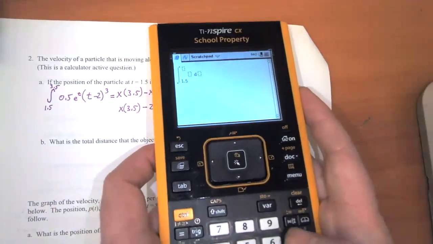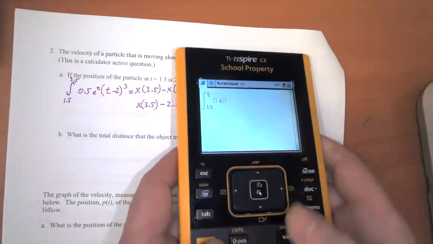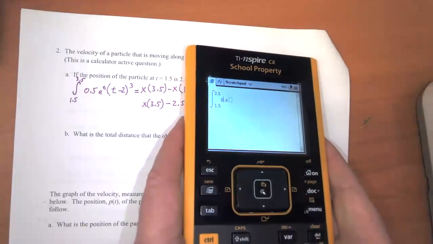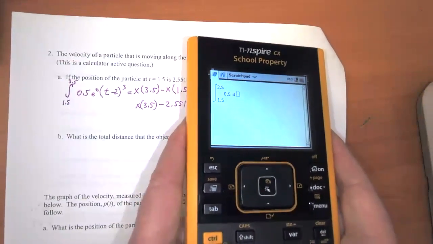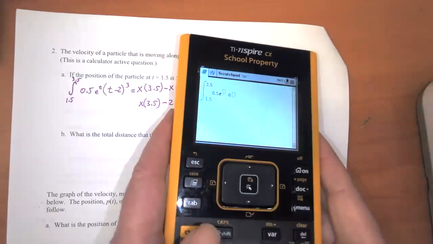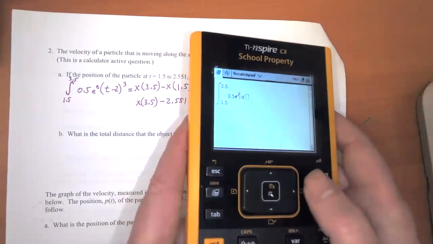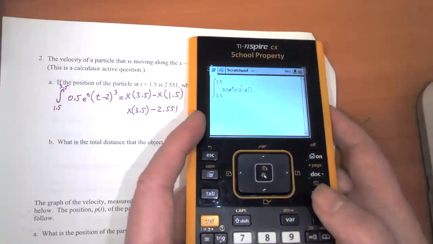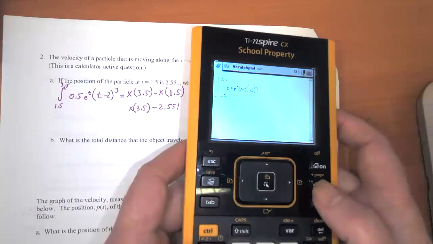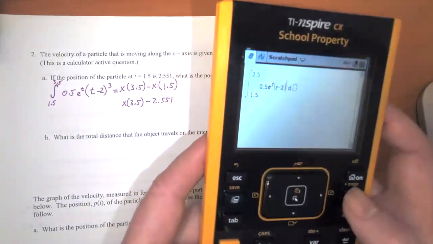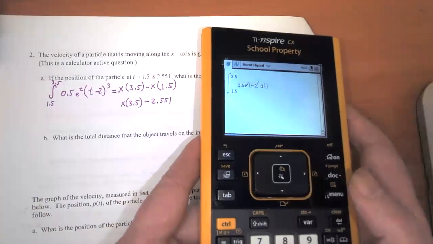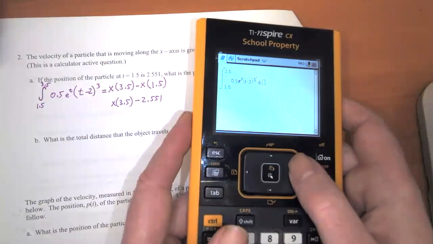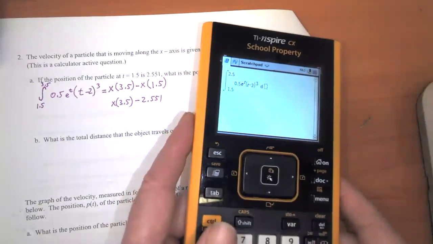All right, so 1.5 to 3.5 of 0.5 e to the t times (t minus 2) raised to the power of, okay, so that's the caret button, raised to the power of 3. All right, and then we need to stick in the dt here.